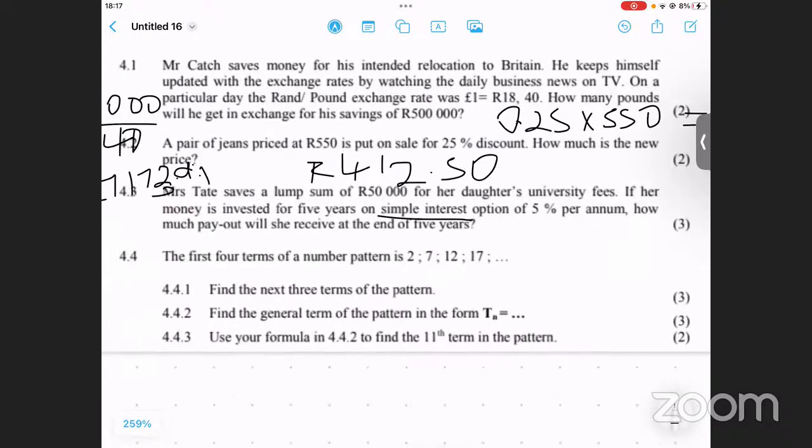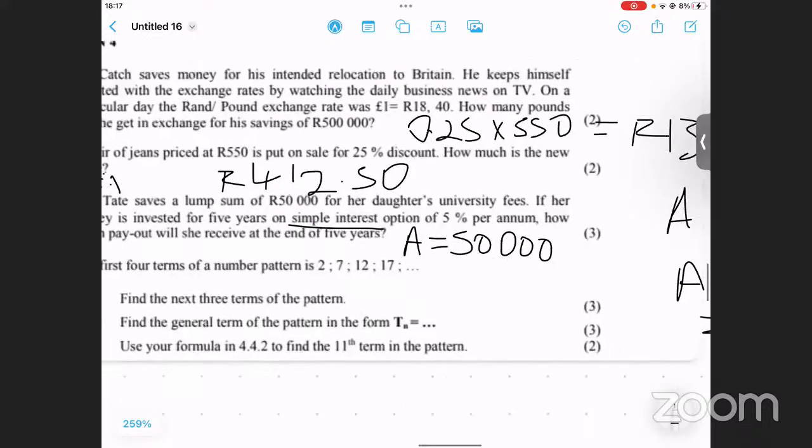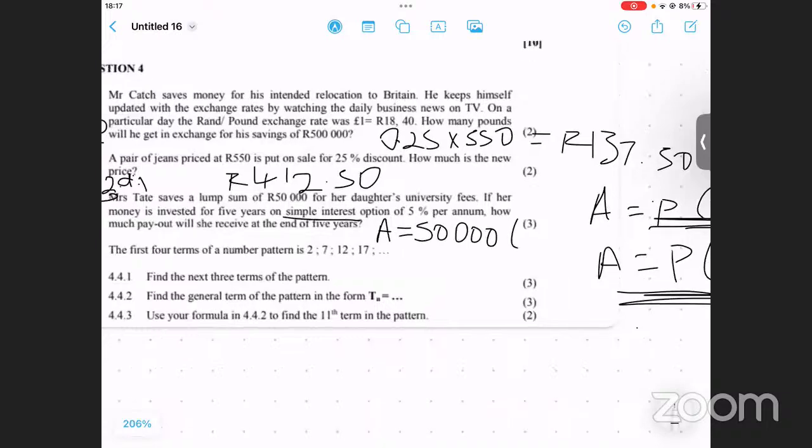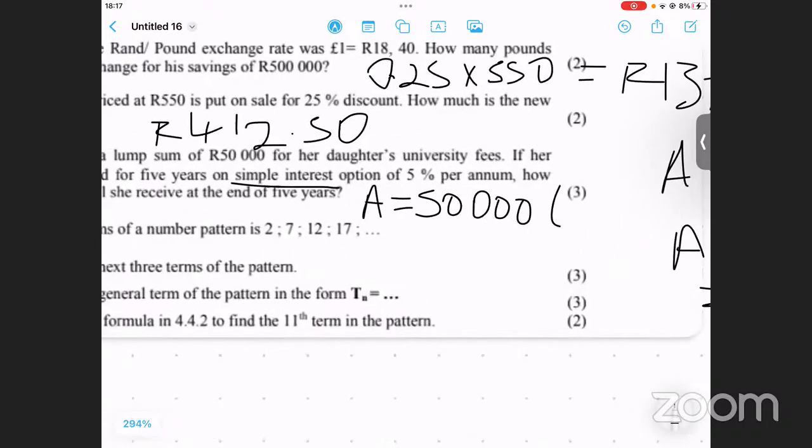Okay, so we're going to use the first one, which is A equals P into 1 plus IN. And what is going to be our P? Our I? Our N? Ma'am, our P is gonna be the 50,000.